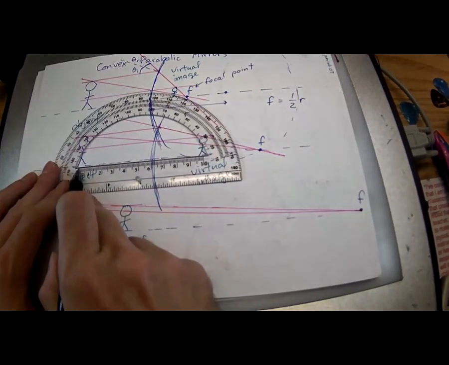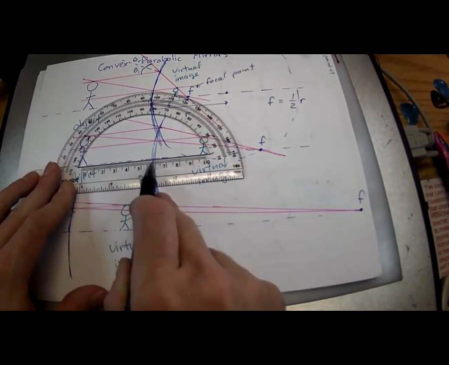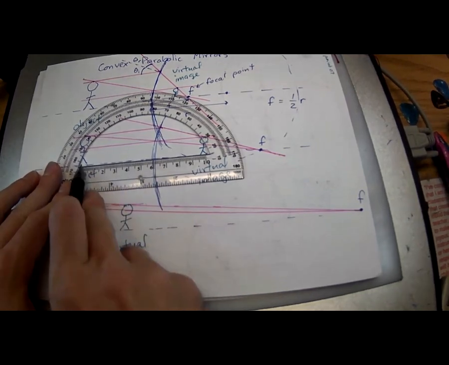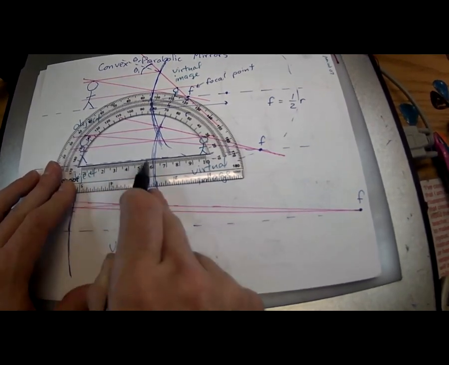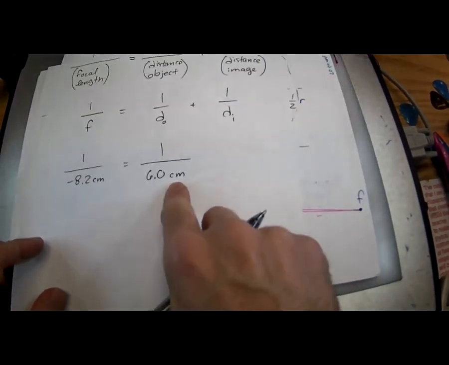How far is the object from the mirrored surface? This looks like pretty well exactly 6 centimeters. I see 6 centimeters. Okay. So I'll call this 6.0 centimeters, and this is positive, because it's an object on the positive side.